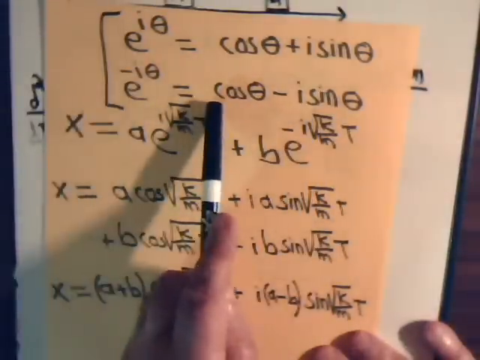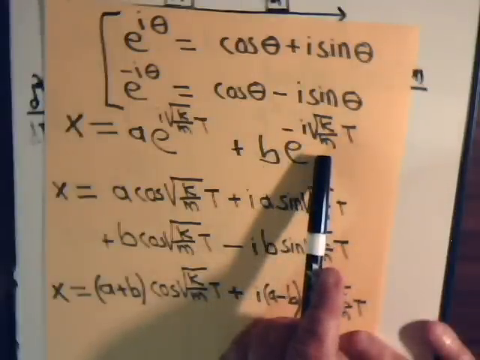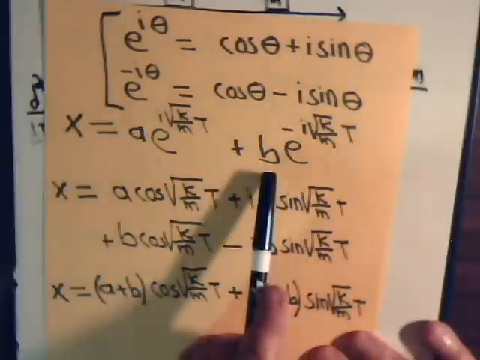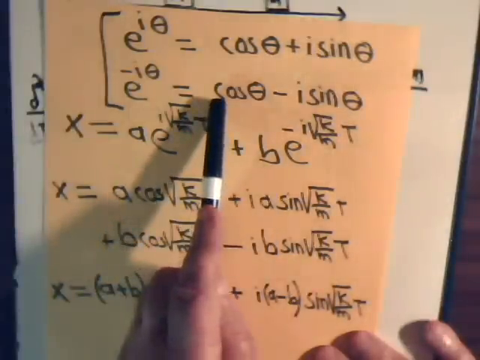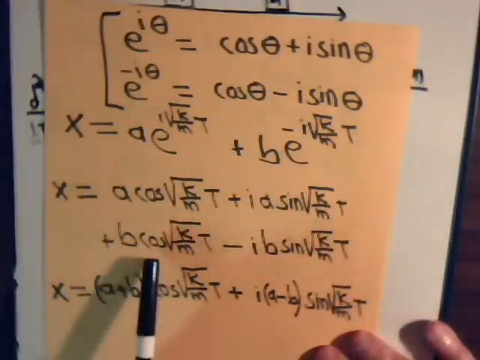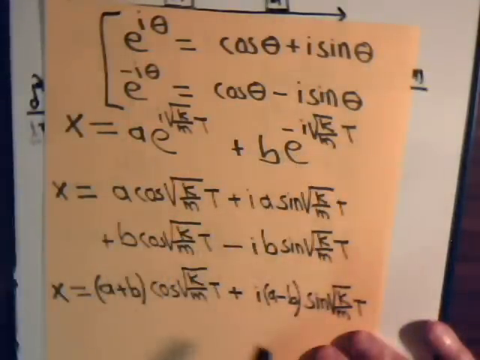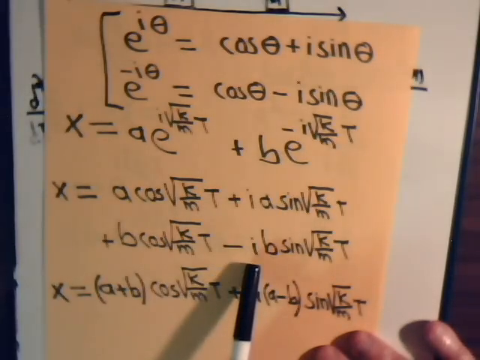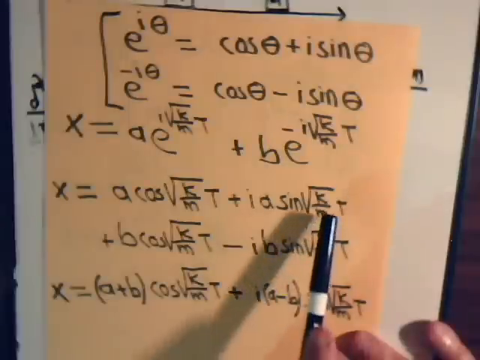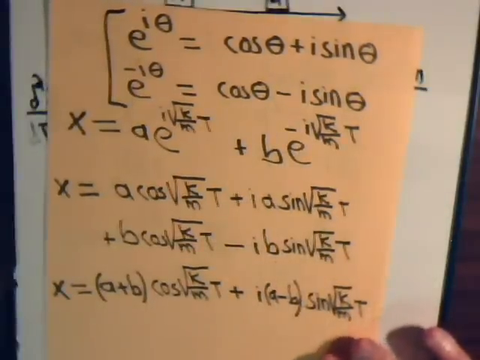That gives us this relation. Here's minus i times the square root of k over m times t, multiplied by b. So that's going to be the form of this equation: b times the cosine of the square root of k over m times t, minus i times b times the sine of the square root of k over m times t.